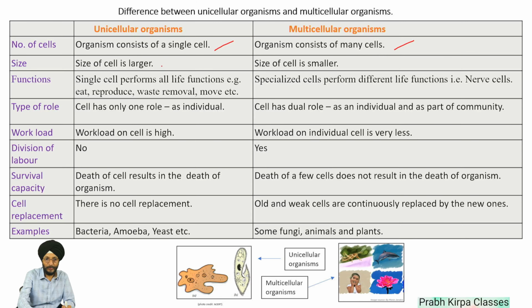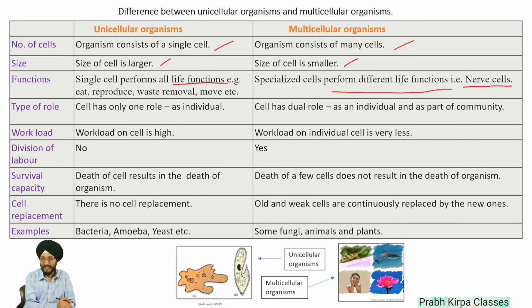Size: in case of unicellular organisms, cell size is larger, whereas in case of multicellular organisms, the size of the cell is smaller. In case of unicellular organisms, a single cell performs all the life functions. For example, eating, reproducing, waste removal, moving, etc. In the case of multicellular organisms, specialized cells perform the different life functions.